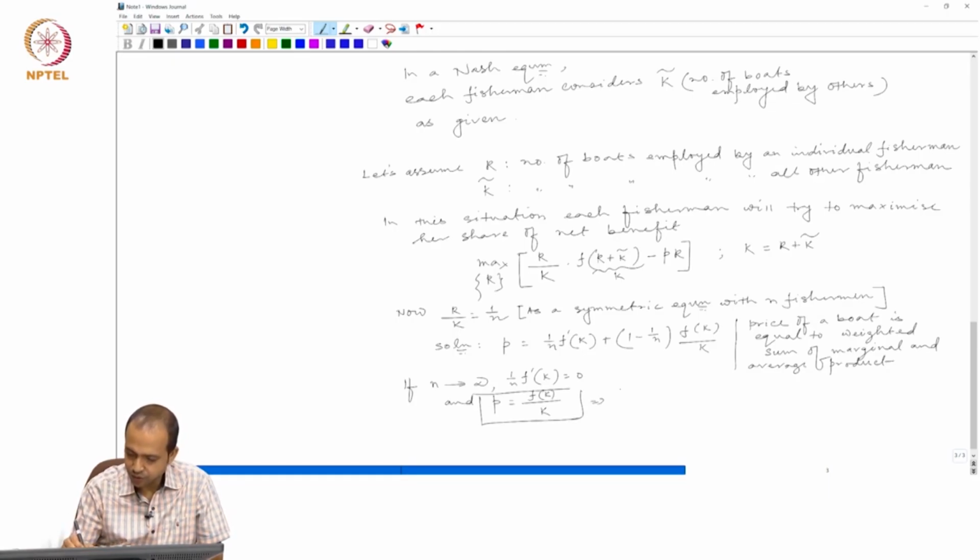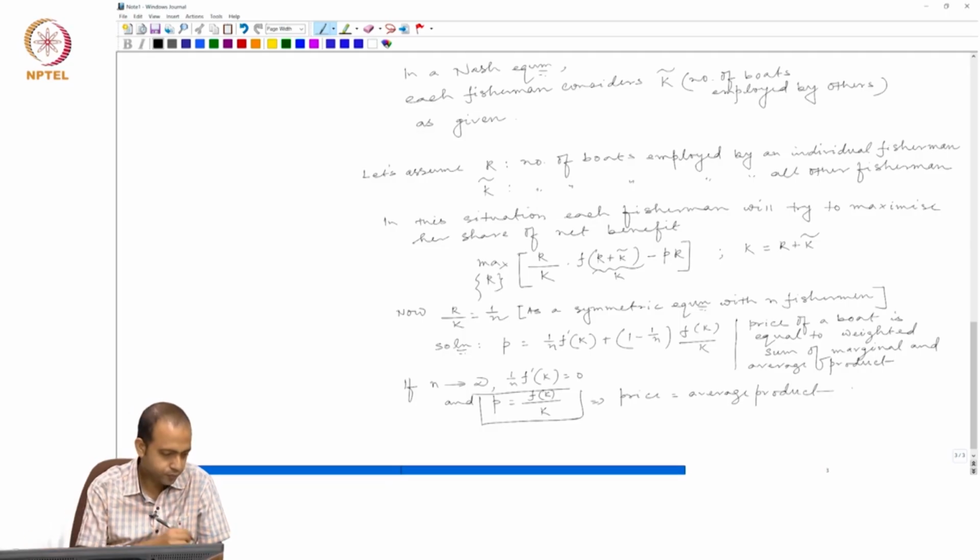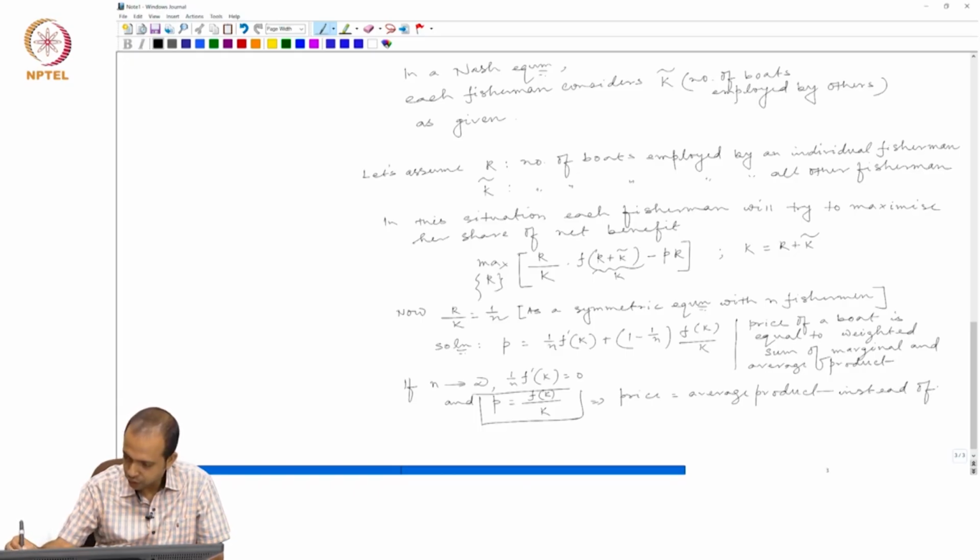That implies price equals average product instead of being marginal product.